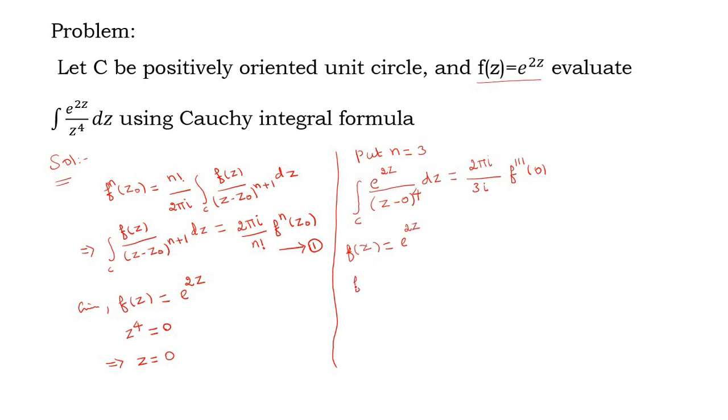So f triple dash of z equal to 8 e power 2z. So put z equal to 0. So we get f triple dash of 0 equal to 8.